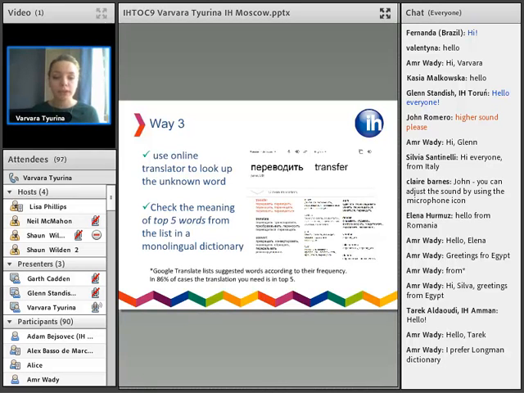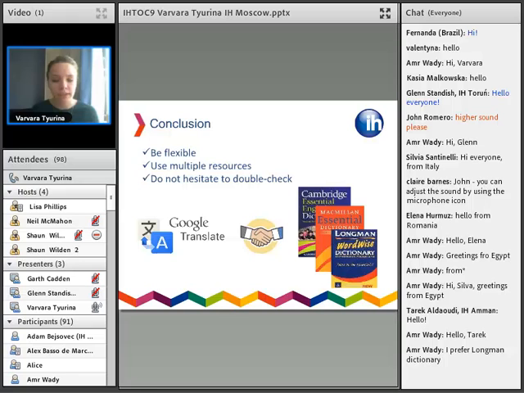This is reasonable because many online translators, for example Google Translate, list the suggested translations according to the word's frequency, not alphabetically, which is very convenient. And statistically, in 86% of cases, the translation you need is in the top 5, which cuts down the amount of time and effort that you spend on that.